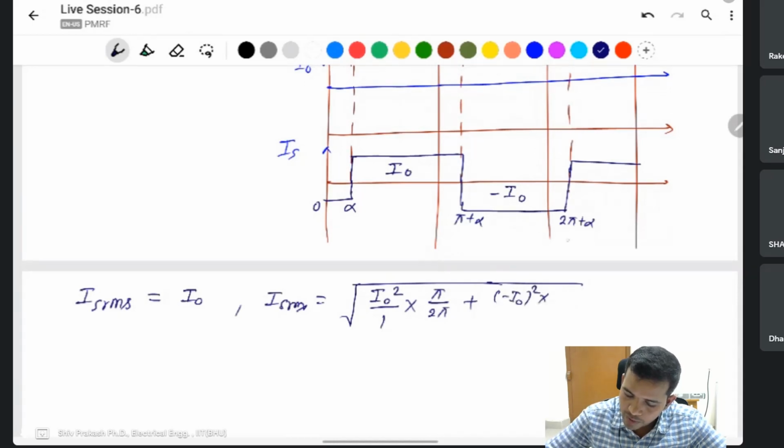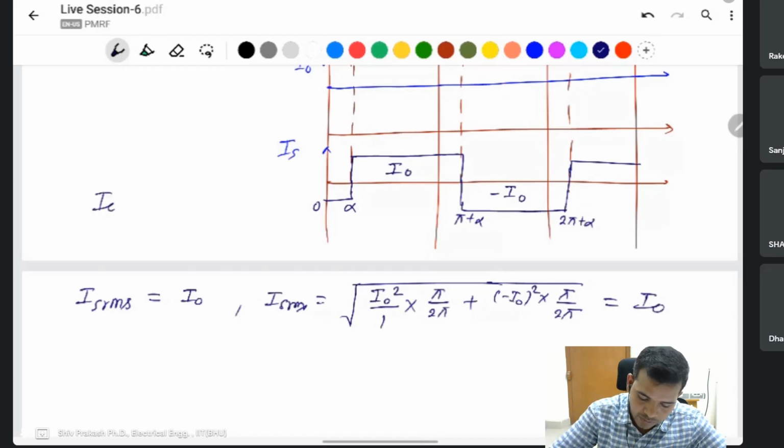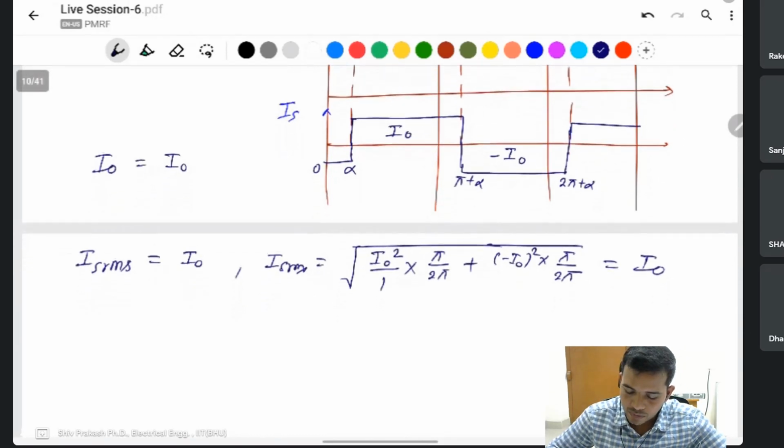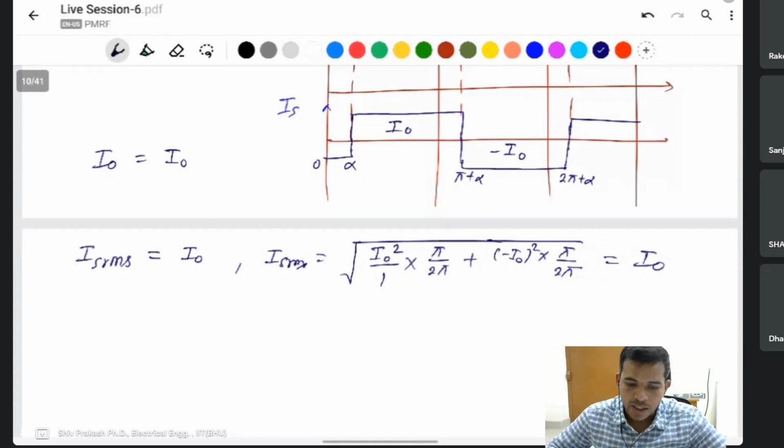So it is pi divided by 2 pi. If you calculate this, the output current is I naught, and the RMS of the input current is the same as I naught, but here including some harmonics, because the input current is not sinusoidal.